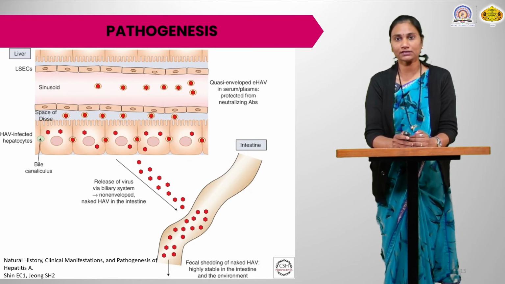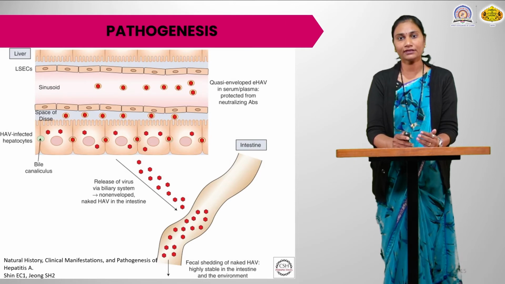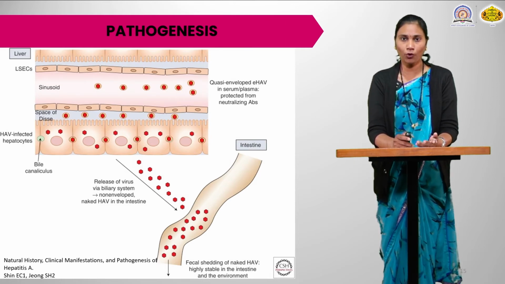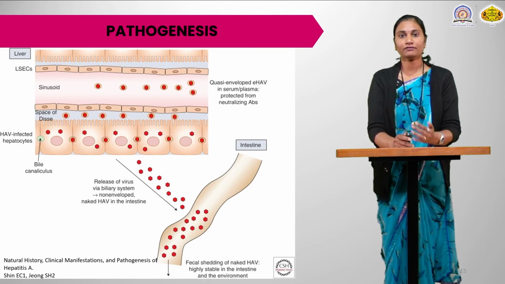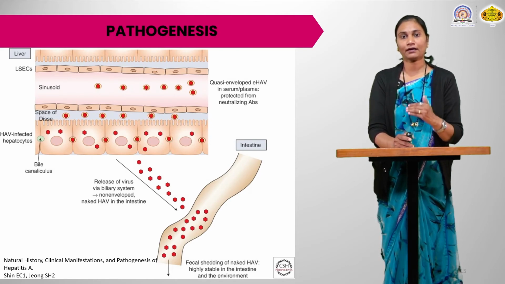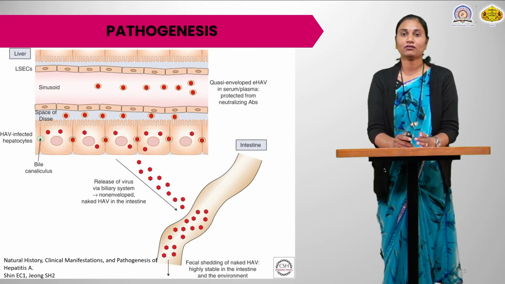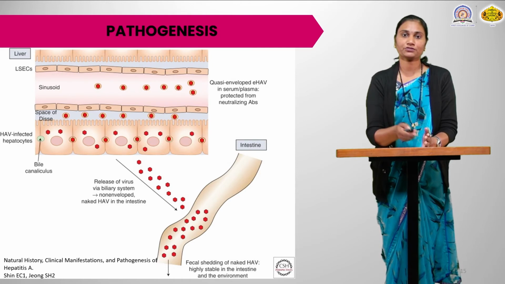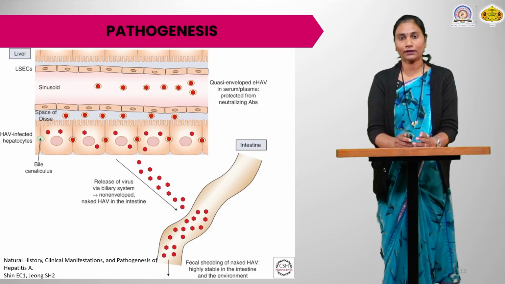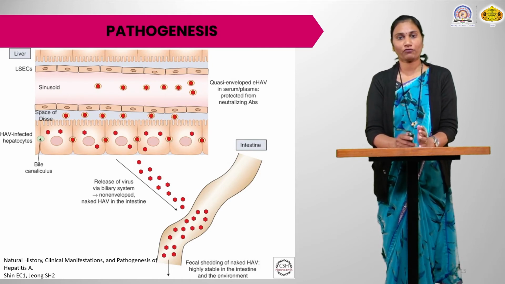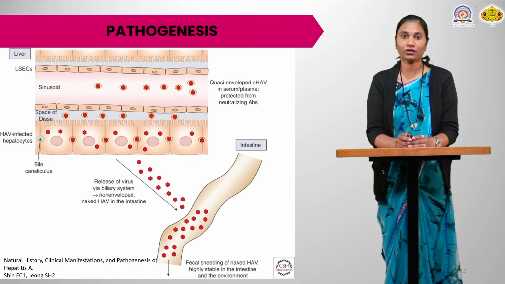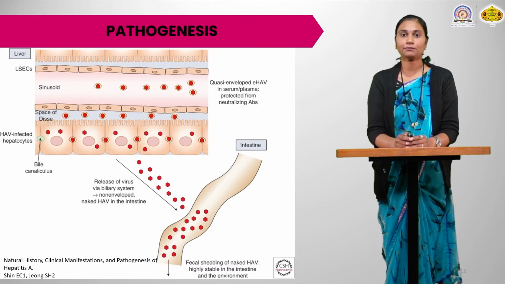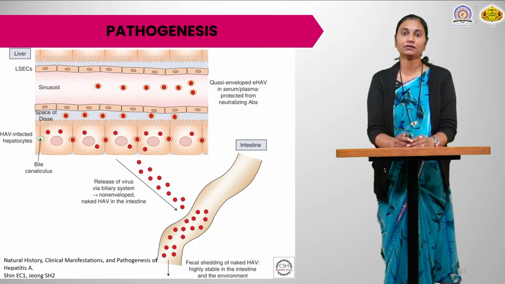It enters the intestine, and from there via fecal matter the organism is released outside the body of that particular patient. If that contaminated fecal matter contaminates the drinking water, the organism can move from an infected person to a healthy one. So, this is how the organism moves from one person to another via the fecal oral route, and basically it damages the gastrointestinal system, and along with that it also damages the liver.